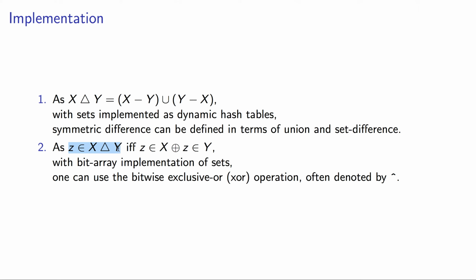Indeed, Z is a member of the symmetric difference if it is a member of either the first set or the second set. The logical operation here is exclusive OR, so the exclusive OR bitwise operation is a perfect match.